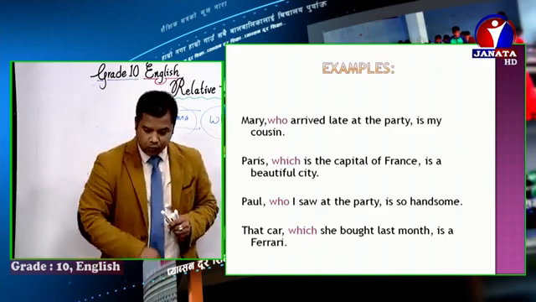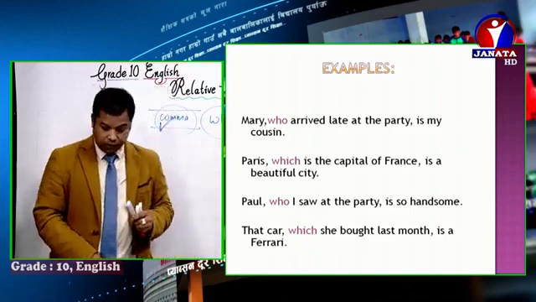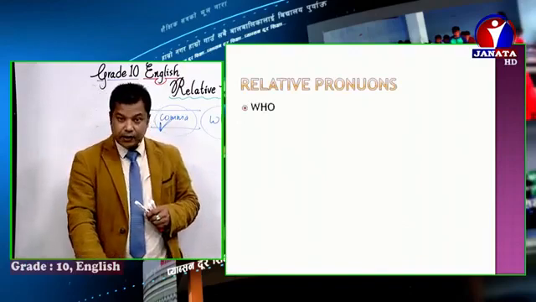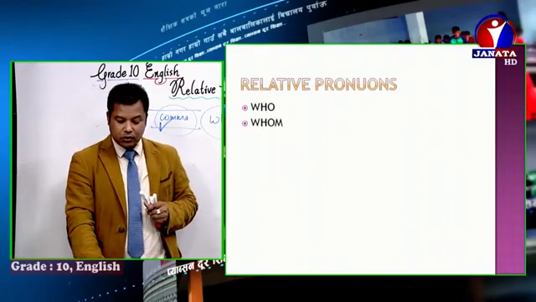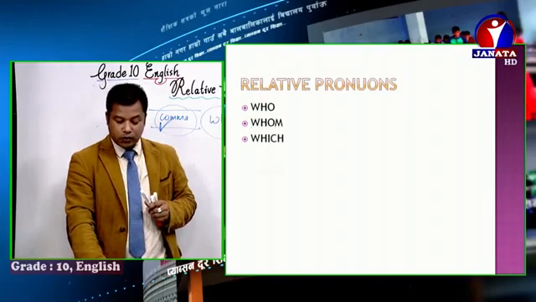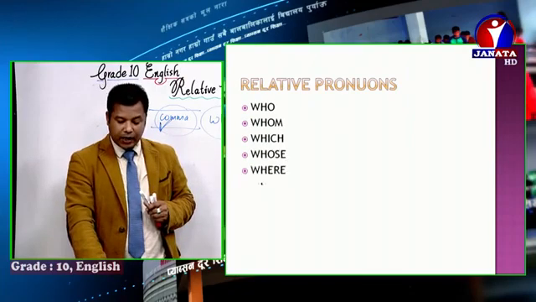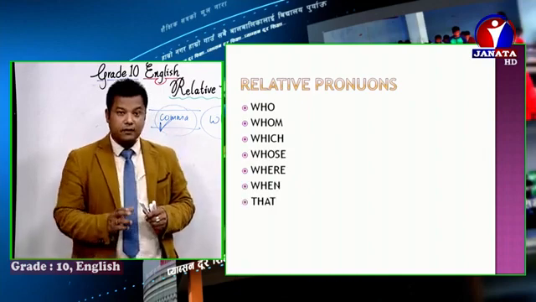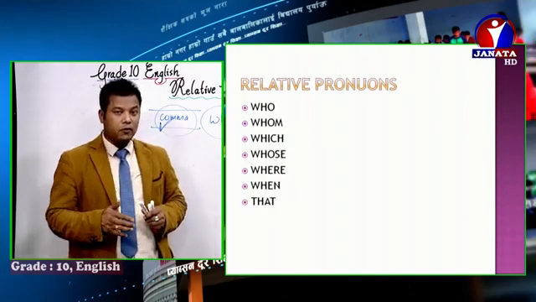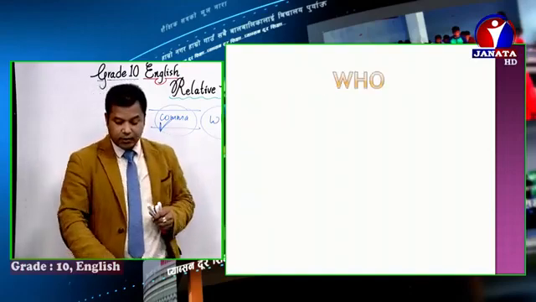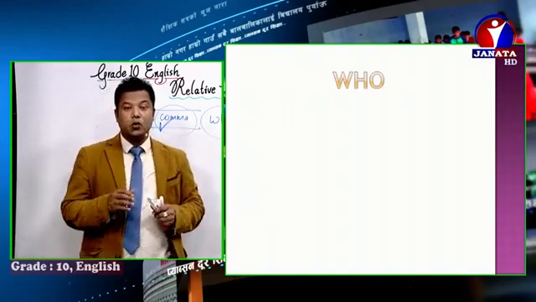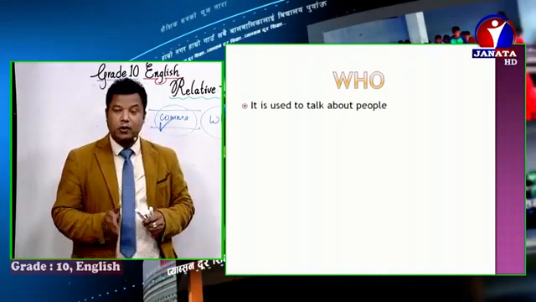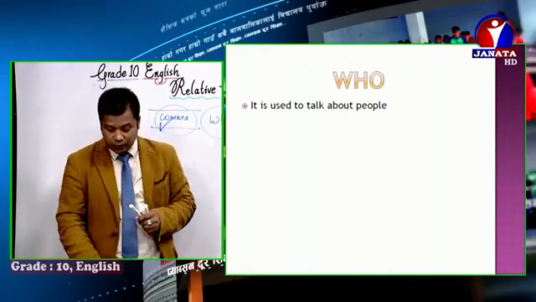So you have got a few more sentences at the bottom which you can read on your own. Relative pronouns that we studied today, quick glance: who, whom, which, whose, where, when, that. These are the list of the relative pronouns we use for making relative clauses. Now, how to use who, we will specify with these examples. It is used to talk about people. I always prefer to do that.